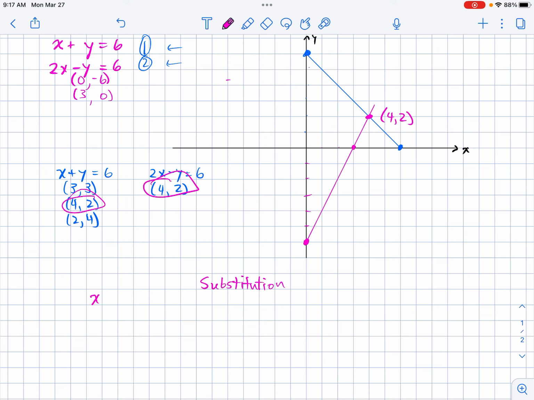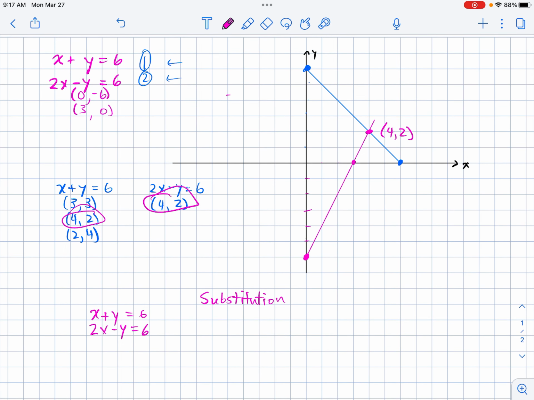I've got x plus y equals 6 and 2x minus y equals 6. And what I want to do is take one of these equations. Remember, this is equation 1, this is equation 2. And I want to take one of those equations and substitute it into the other.